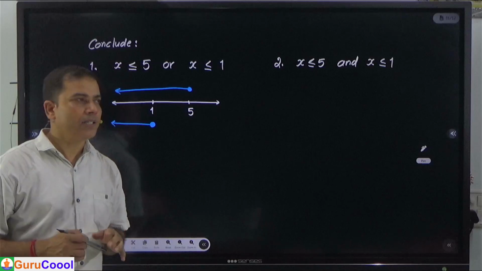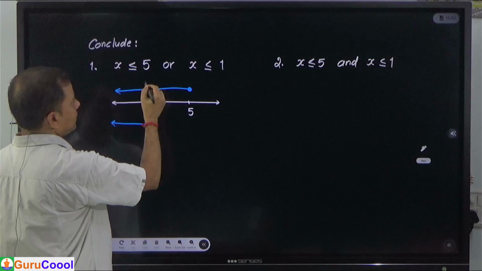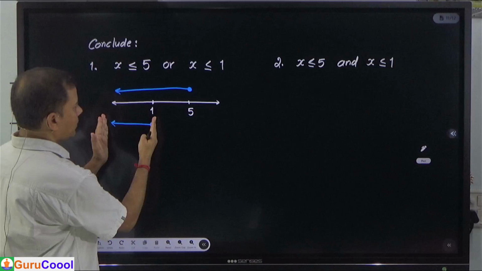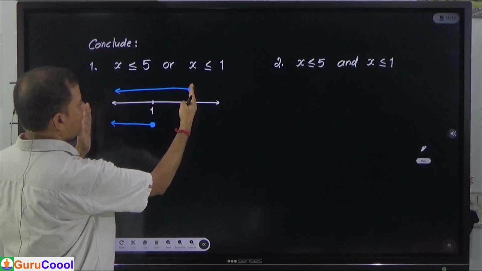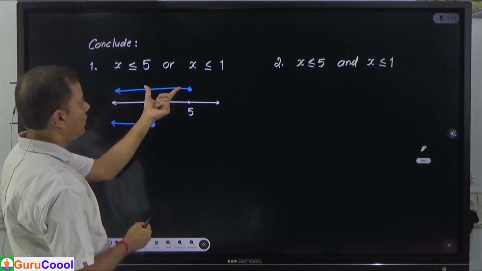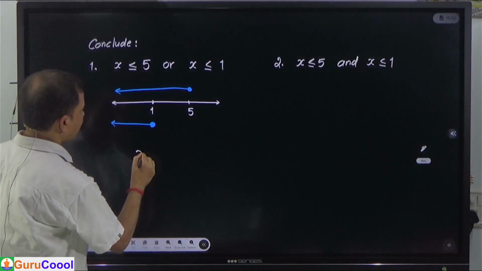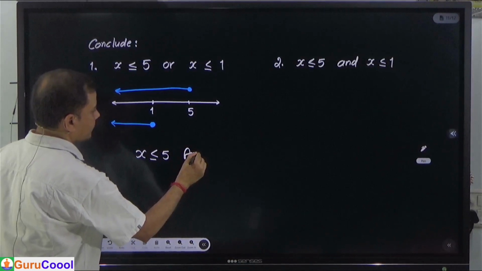So the idea is this: you have to consider the bigger region. What's the bigger region? This one starts from 5 and goes to negative infinity, while the other starts from 1 and goes to negative infinity. So this much is bigger. So the conclusion is x lesser than or equal to 5. This is the answer.